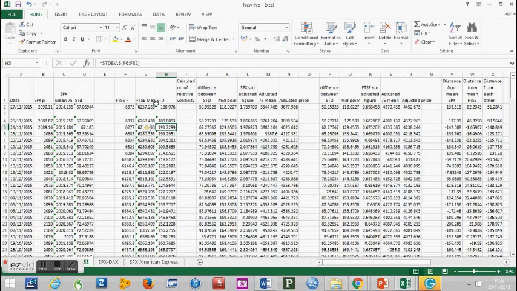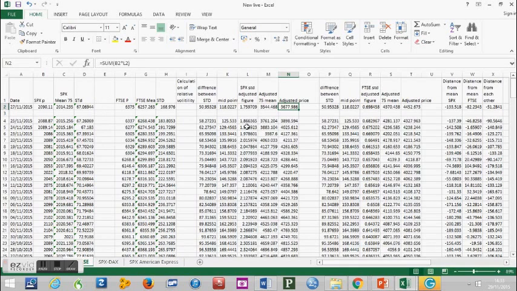Basically, what we do is take these three bits of information and calculate an adjusted figure to get an adjusted price. We create an adjusted price so that we can compare the two assets, because it's quite difficult to compare 6,375 to 2,090. There's always a massive difference. We want something neutral where they can go back together.